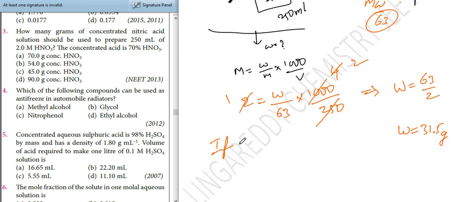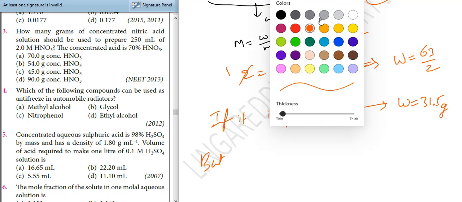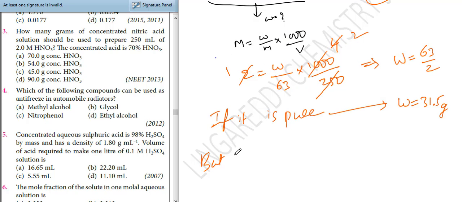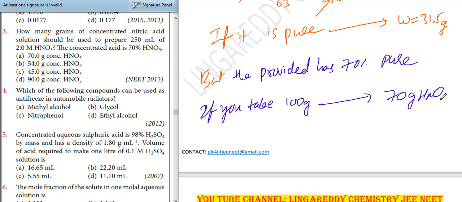But the condition is, if it is pure, 31.5 gram of HNO3 is required. But the one provided is 70% pure. That means if you take 100 grams, in that only 70 gram HNO3 is present.